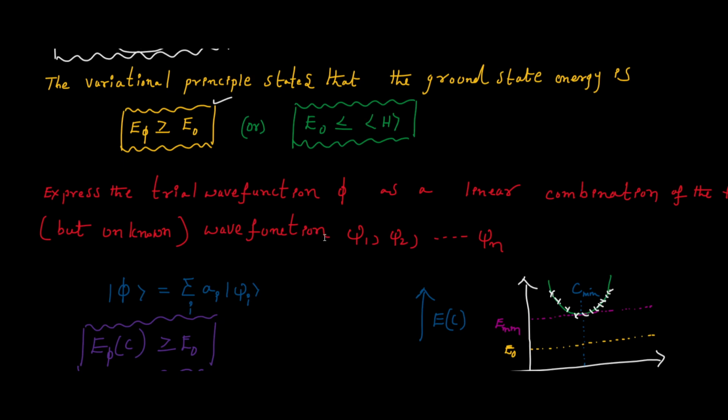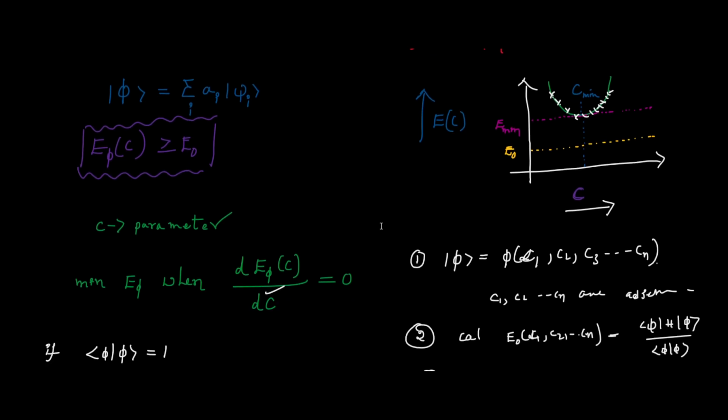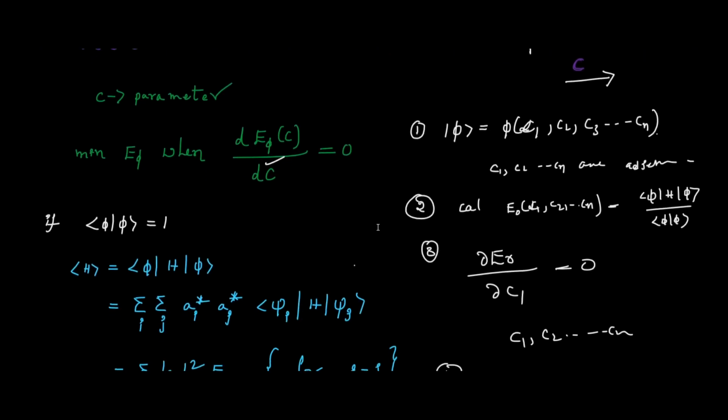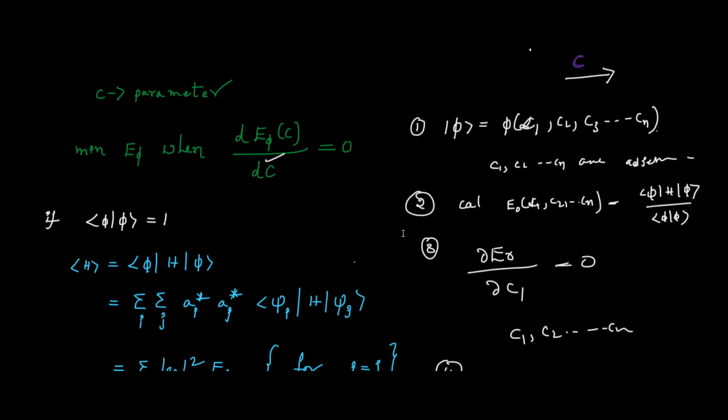From these points we can calculate the ground state energy. For problems, for example in CSIR NET, it takes a lot of time to calculate, so you need to practice the trial wave function calculations. So these are the four main steps to remember.